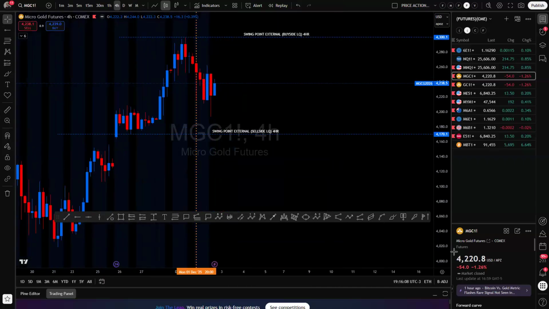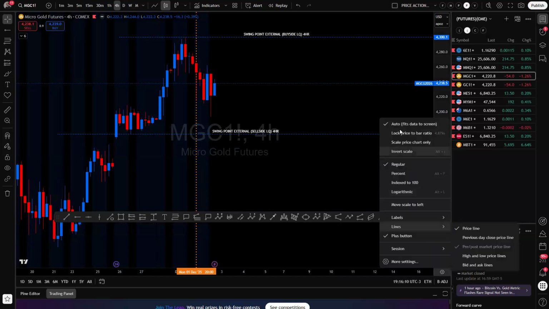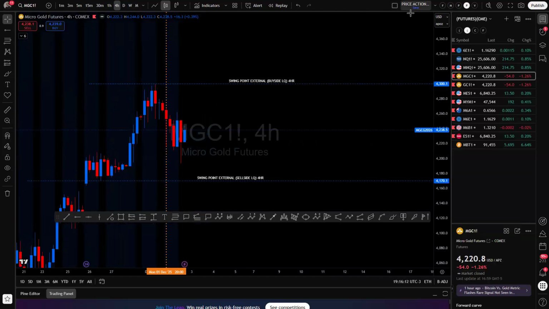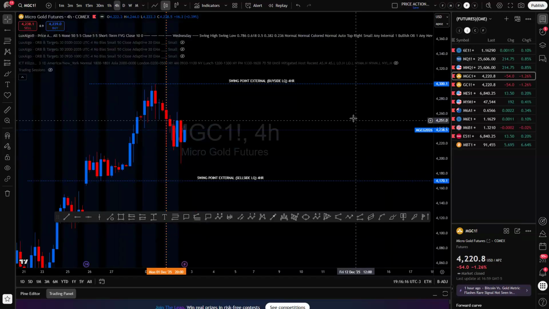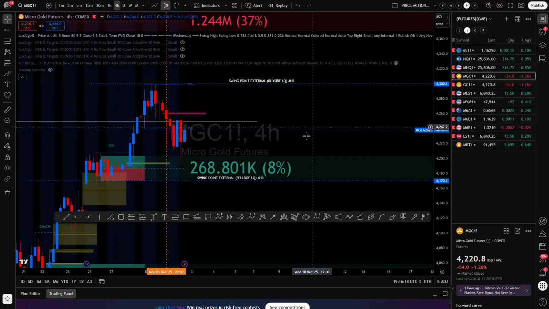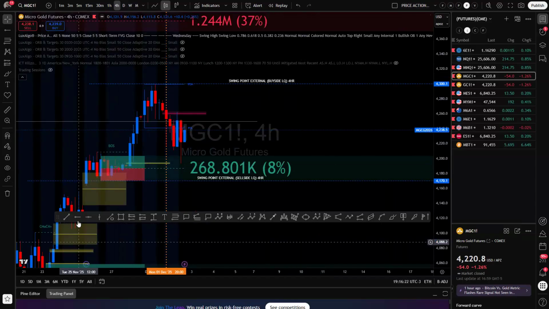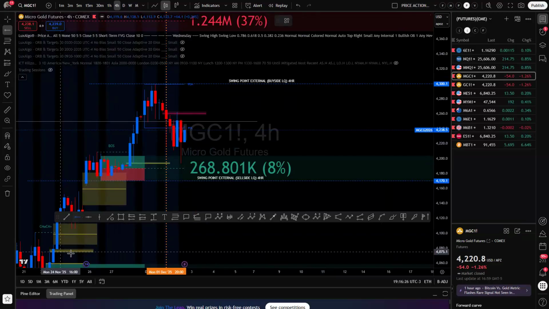Now let's mark up our most recent point of interest, which is our 4-hour fair value gap. This is the 4-hour fair value gap that I see.